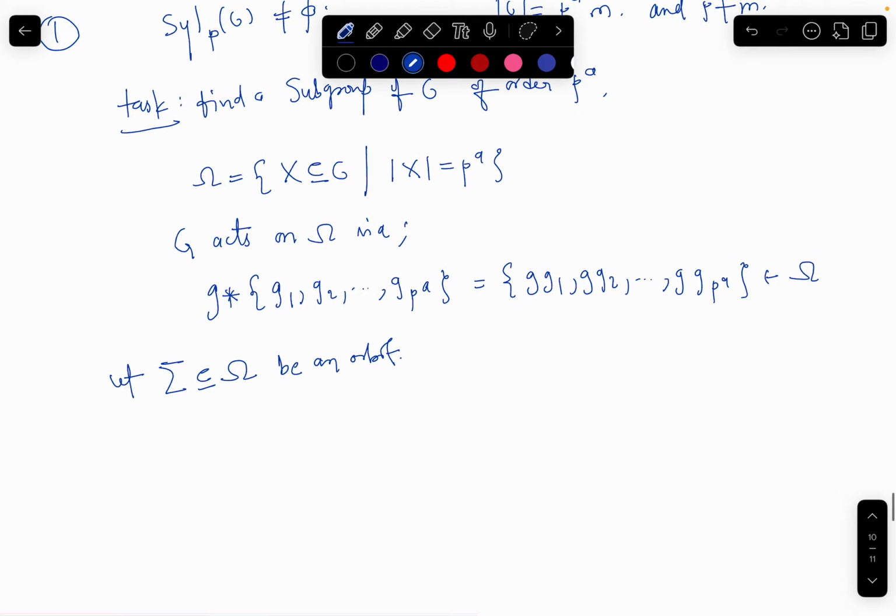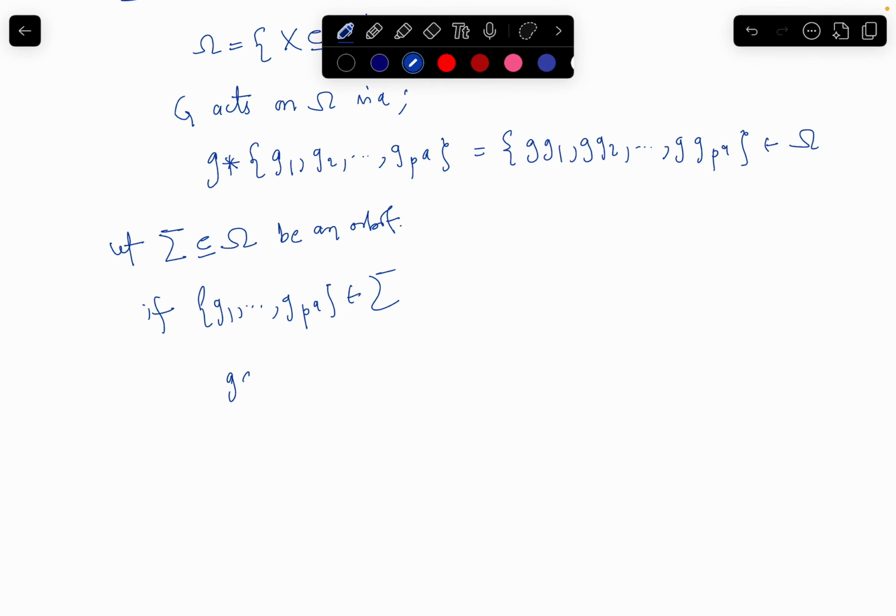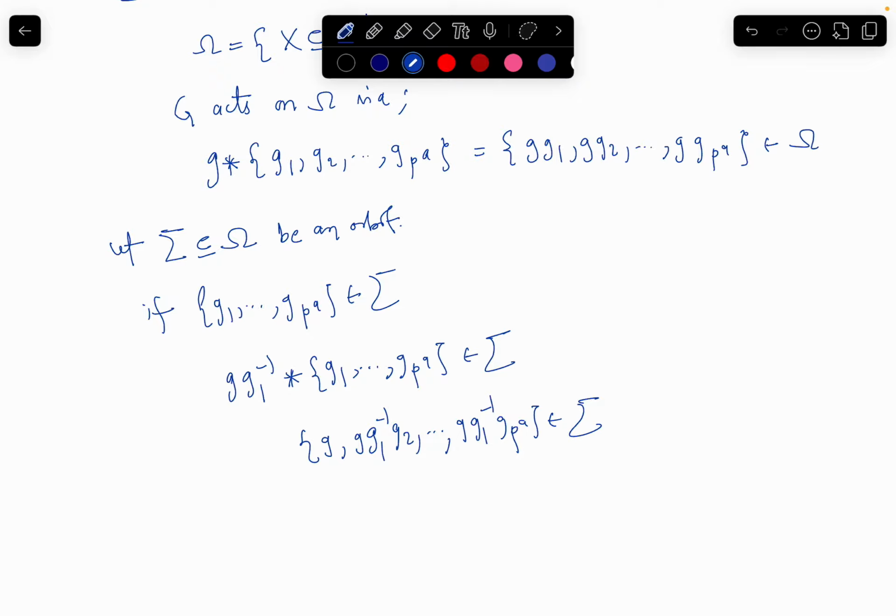So the question is, if say g1 X is in the orbit, then g1 inverse applied to it is also in the orbit. That means g1 inverse g2 X, and g1 inverse g X are also in the orbit.